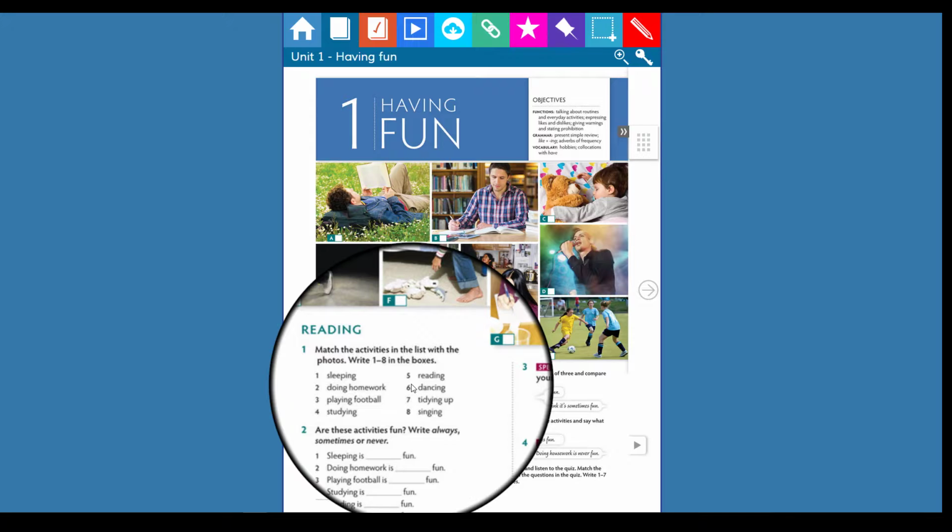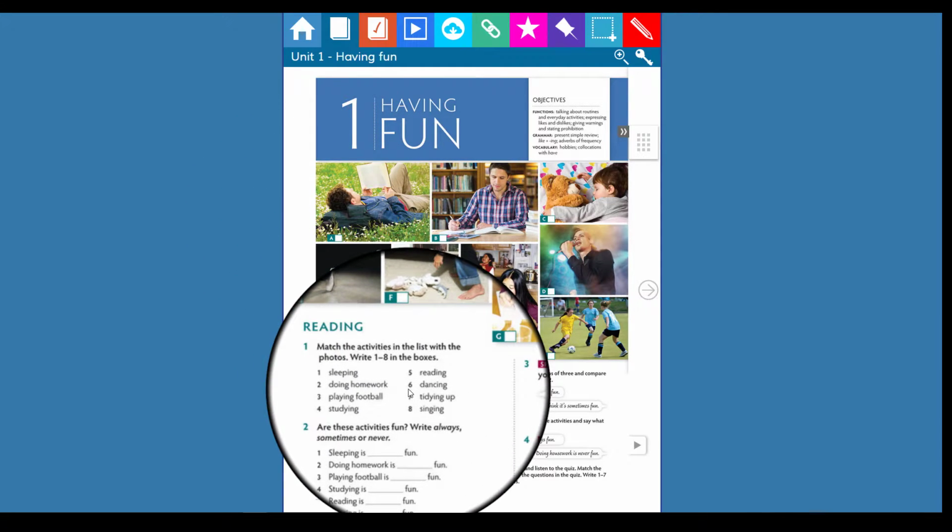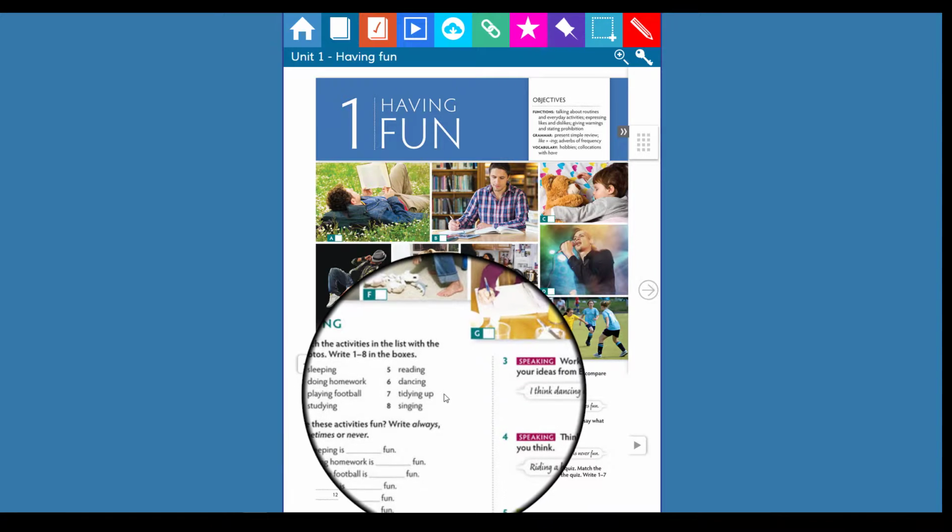Letter A. Yes, very good. Number 6, dancing. What do you think? Letter E. Very good, letter E. Number 7, tidying up.